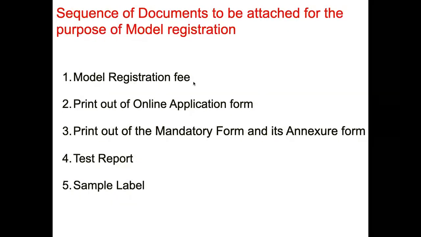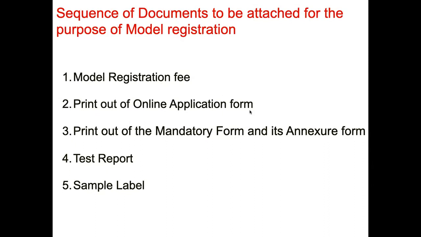The fee is about 1,000 rupees for each model, and payment can be made through a bank demand draft or online, same as general registration. After that, a print out of the online application form, properly signed and stamped with the company seal.